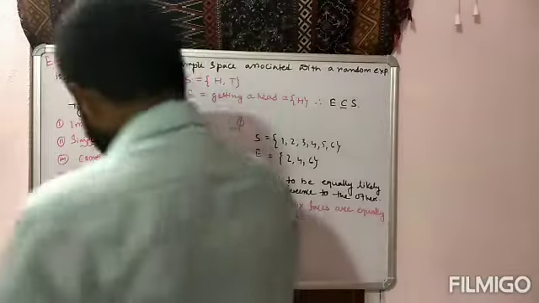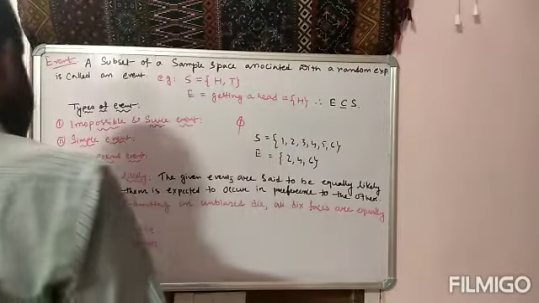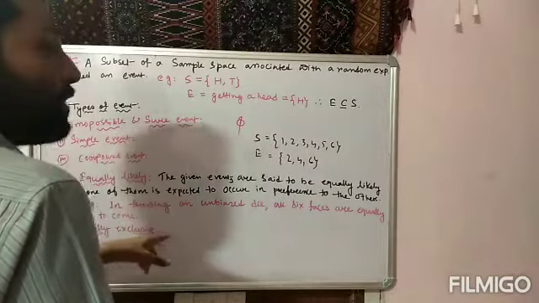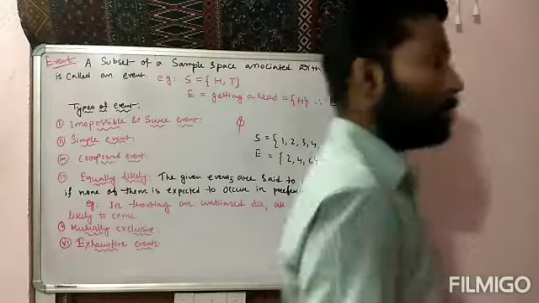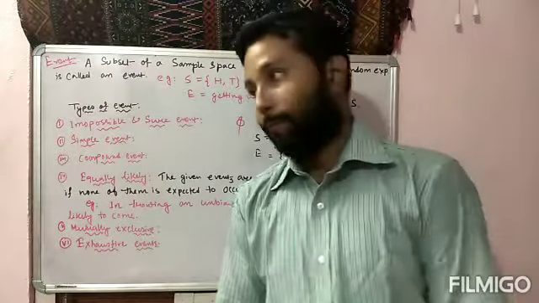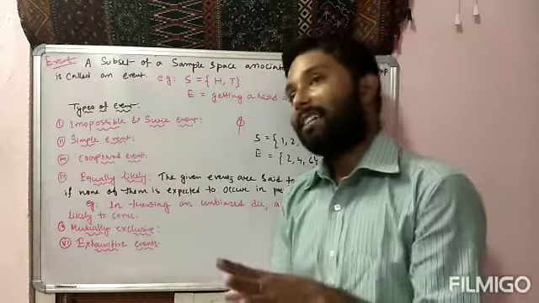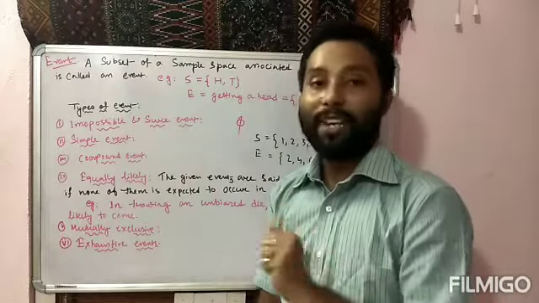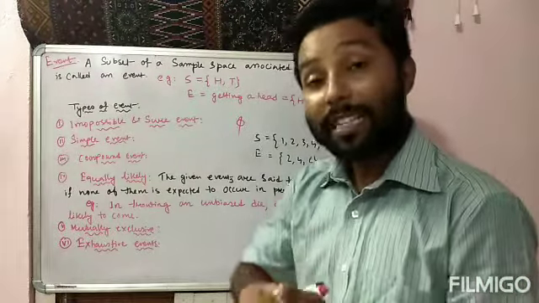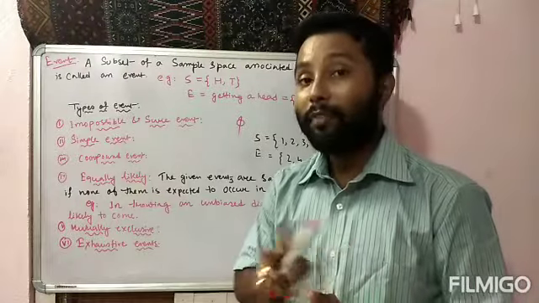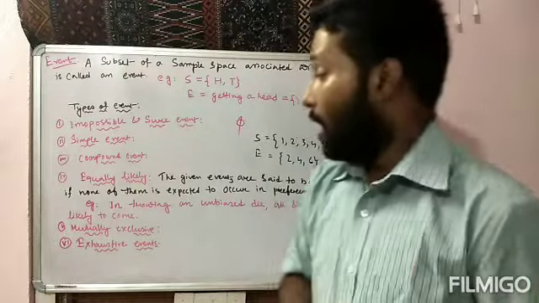Okay? Next will come mutually exclusive event. What does mutually exclusive mean? Suppose there are two events, for example, there can be more than two also. I am first explaining the definition for two events.